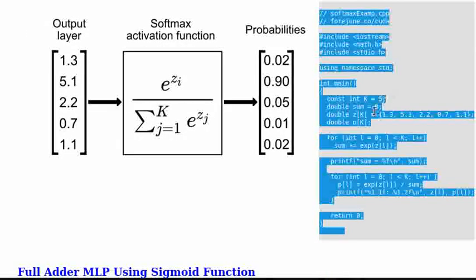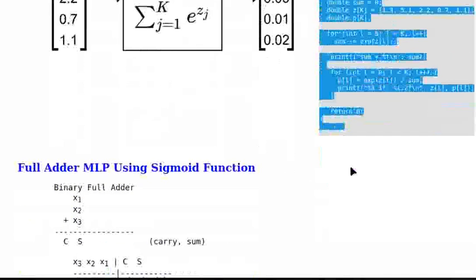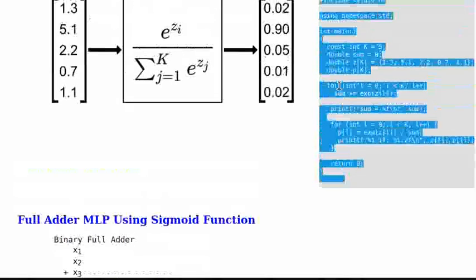We have k equals 5 values, the ck values, and then we calculate the sum, this part, and we print out the sum. Then we calculate the probabilities, which is equal to the exponent of c to the l divided by this sum, and then we print this out.